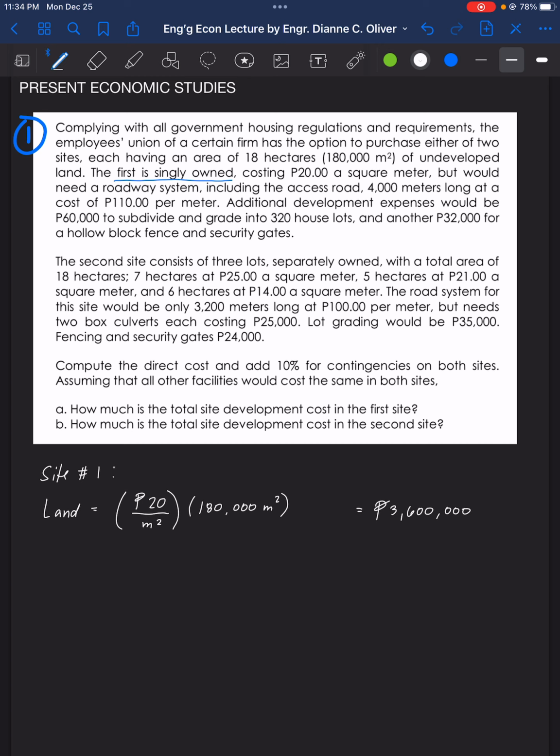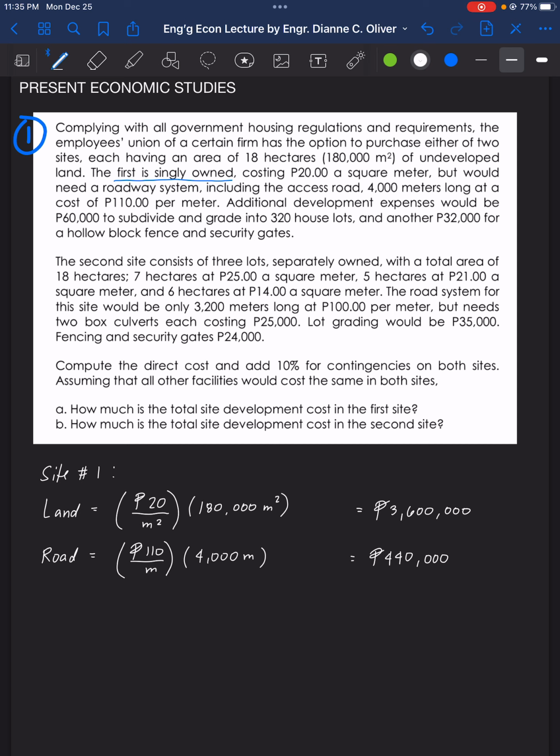Next, we have the roadway system, including the access road 4,000 meters long at a cost of 110 pesos per meter. So the road is 110 per linear meter. And how long is the road? That is 4,000 meters long. So that is 440,000 pesos. Next is the additional development expenses, to subdivide and grade.